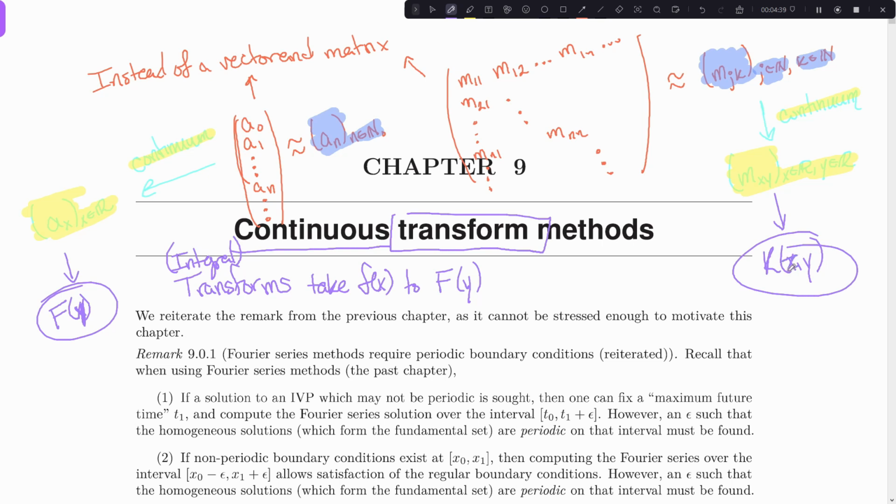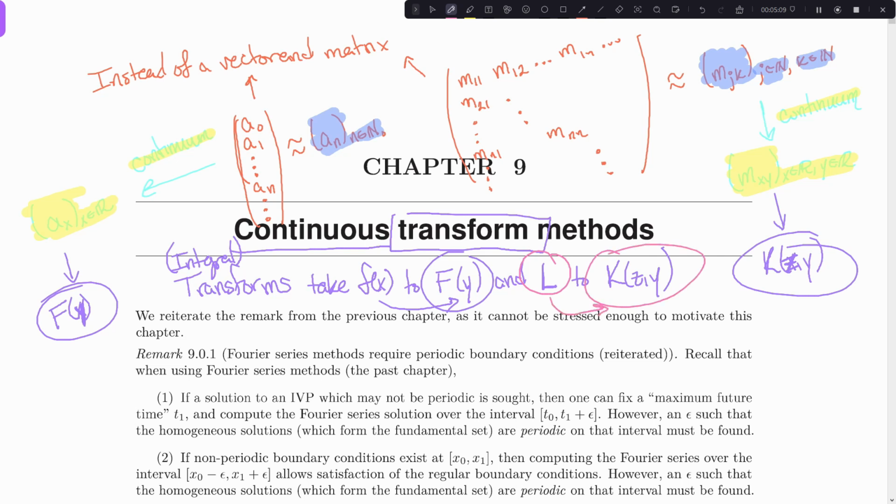Maybe I'll say z even. And operators, some linear operator L, they take functions to functions of two variables. So that's the useful thing about continuous transforms: functions go to functions, which is fine, but the really special thing is that operators go to functions.